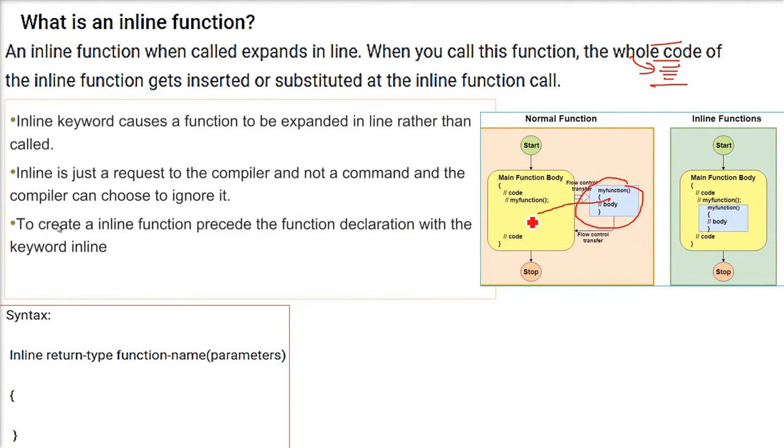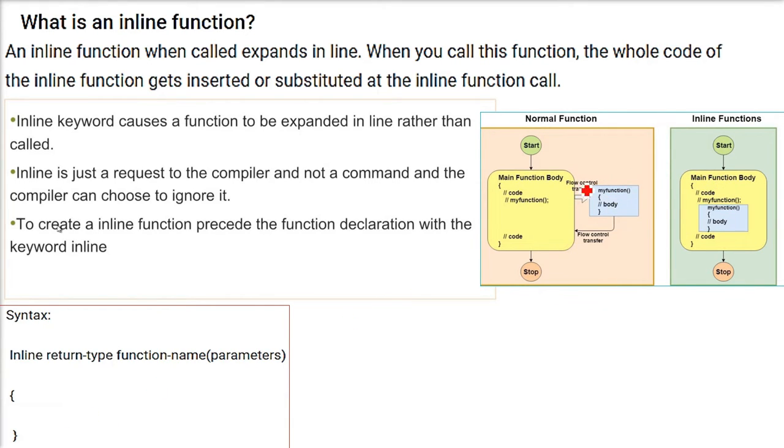The whole instructions will be transferred inside your main body. They will get inserted. They will get substituted. For example, in the function you have written print. So in inline, this print instruction will be embedded inside your main.